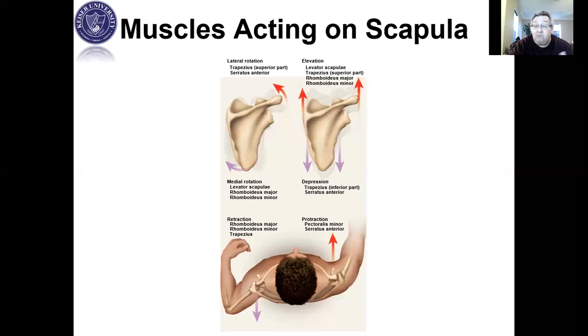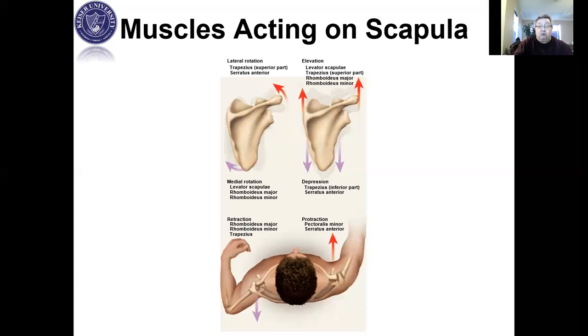The major depressors of the scapula, we're talking about the lower trapezius. Serratus anterior does some depression. And another muscle that is not on there, remember the latissimus dorsi attaches to the inferior angle of the scapula and brings it downwards.